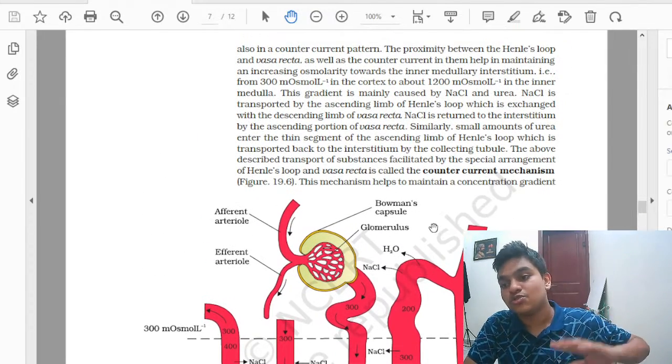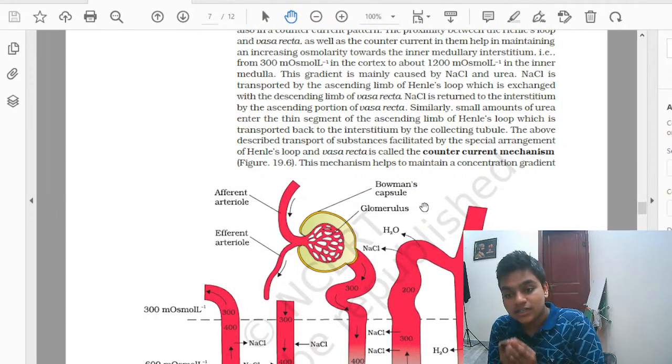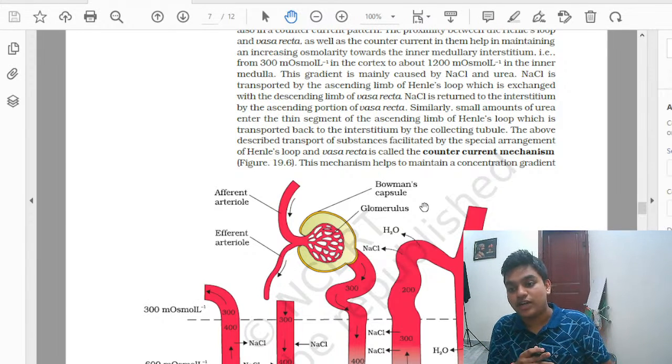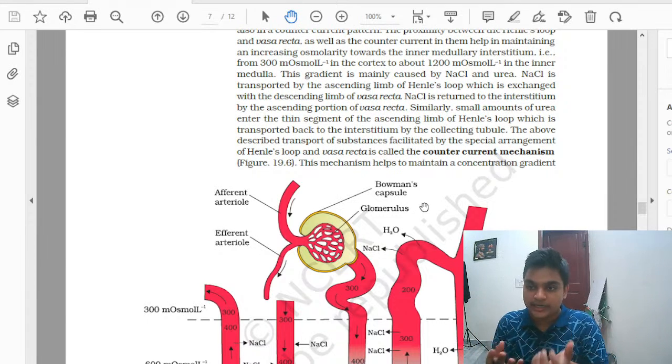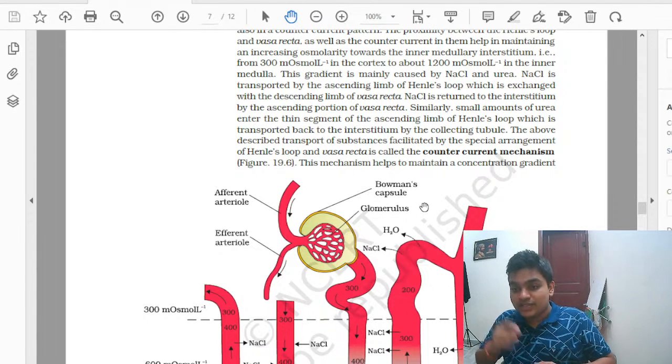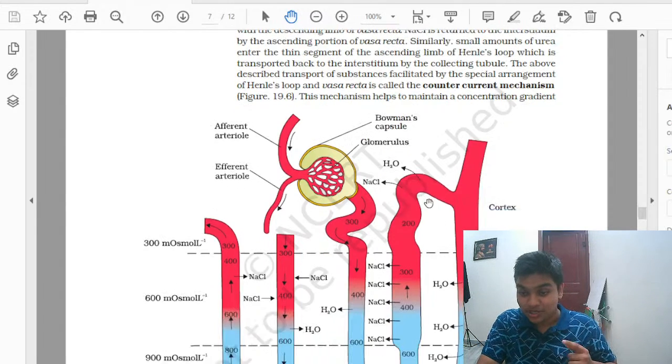So the proximity between the vasa recta and the loop of Henle, and the counter current flow direction between the ascending and descending limbs of both, maintain this increasing osmolarity.